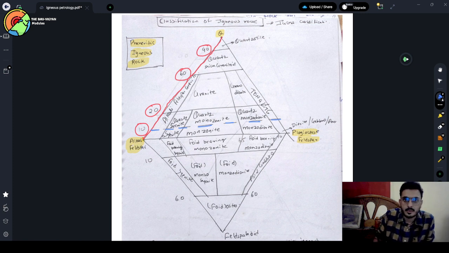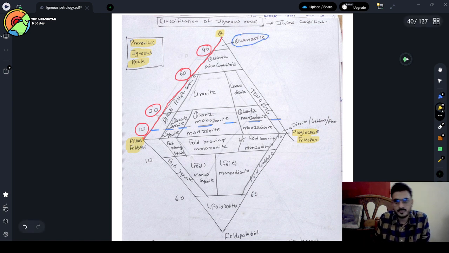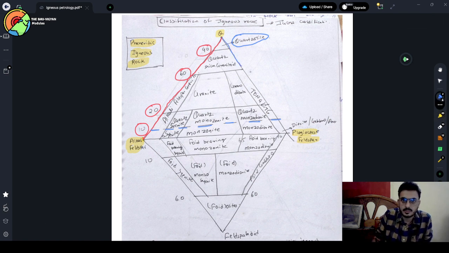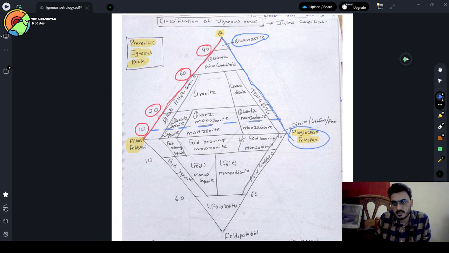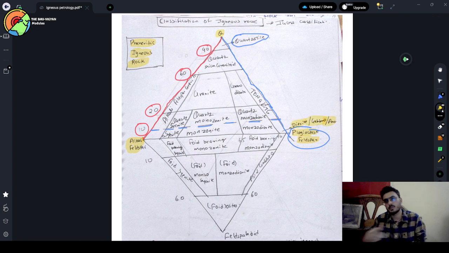Now if quartz is 90% present, then it is known as quartzolite. And in this diagram, this portion is a boundary where no alkali feldspar is present. Here your plagioclase feldspar is there. Diorite, gabbro, and anorthosite are all plotted here only.